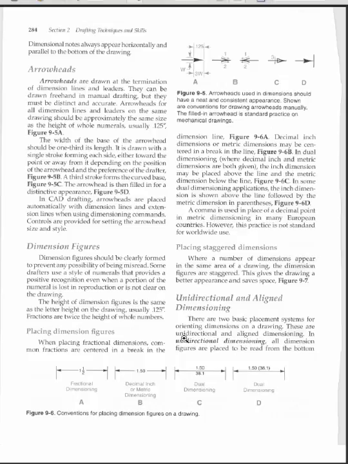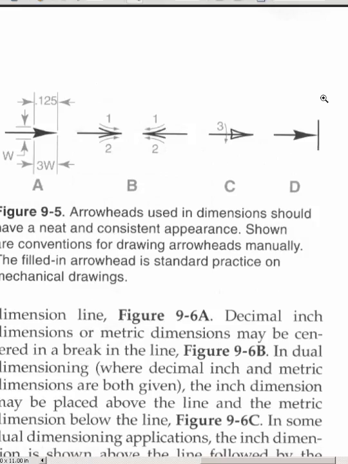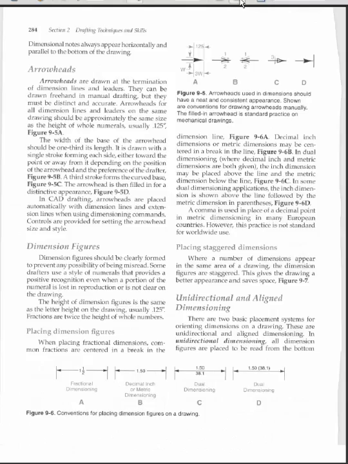For example, when dealing with arrowheads, it has a couple little suggested sizes for the arrowheads themselves. Now again, this is usually taken care of by the CAD package, so it's not necessarily something that you have to worry about recreating. But the number 0.25 is listed as a typical size for text and arrowhead heights and those kinds of things.